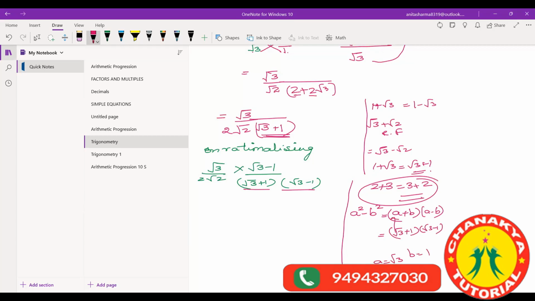Right, children? So you can write root 3 upon 2 root 2 into root 3 minus 1 upon root 3 whole square minus 1 whole square. You will apply this identity, a square minus b square. Have you understood this step?